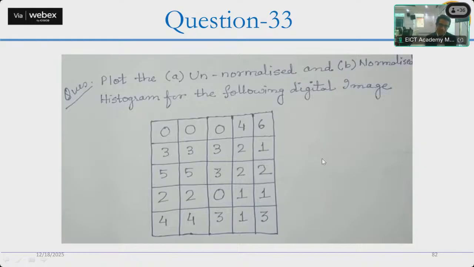We have given sufficient time for the histogram and for drawing the images. So can you find out the histogram for this digital image? On one side you will find the unnormalized and normalized histogram.